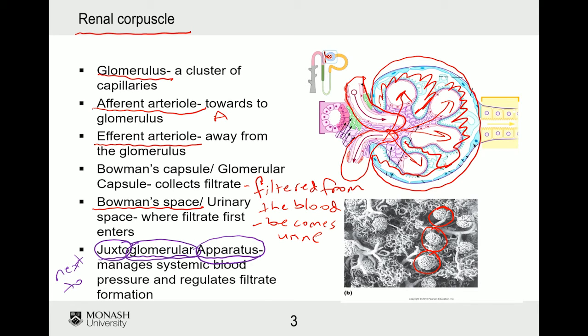The juxtaglomerular apparatus is this section here between the distal convoluted tubule and the arterioles. And is a number of different tissues that respond to the concentrations in the filtrate flowing through the distal convoluted tubule and the blood pressure in the systemic vessels, and ends up producing hormones, which we'll talk about later.